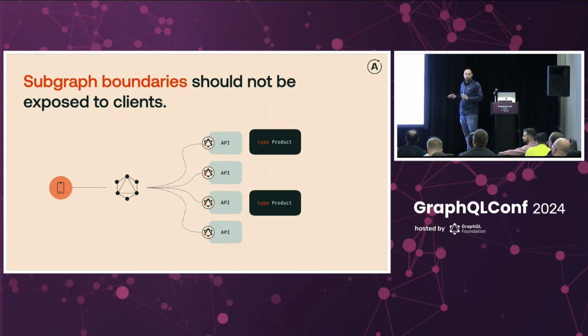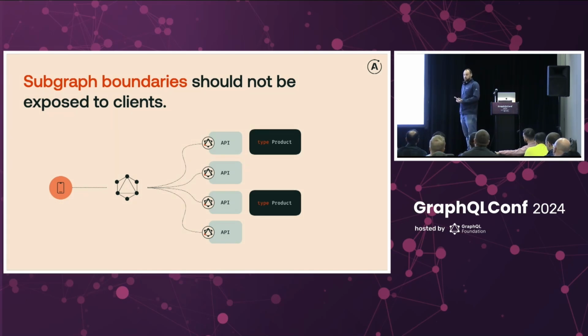One thing I want to stress here is that in this model, subgraph boundaries should never be exposed to clients. Clients should not be aware of where certain data comes from or where certain capabilities live. There are various reasons for this. One is simply that from a client perspective, a product-centric API shouldn't have to deal with details of underlying implementations.